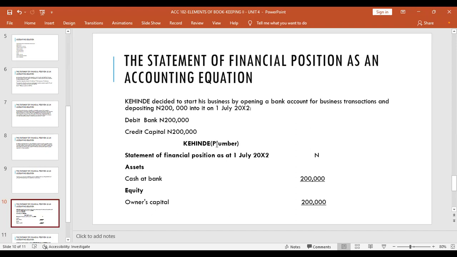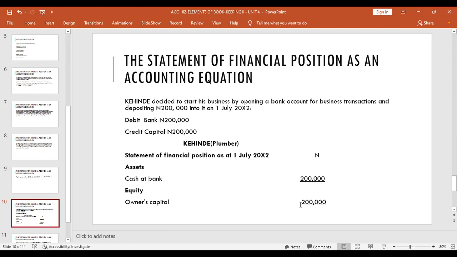This is our statement of financial position as at 1st July 2022. Under assets, we have cash at bank, 200,000. Under equity, owner's capital, you have 200,000. This is what we call the statement of financial position. It balances. We have not started spending out of the capital in the bank, so you can see the debit leg 200,000, the credit leg 200,000. The accountant can go home and sleep in peace.